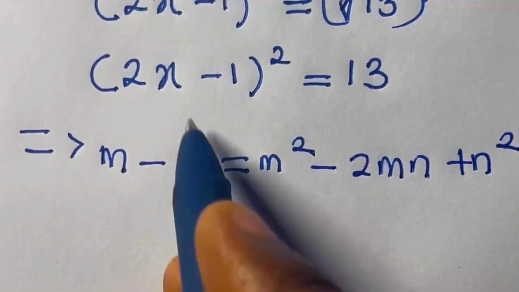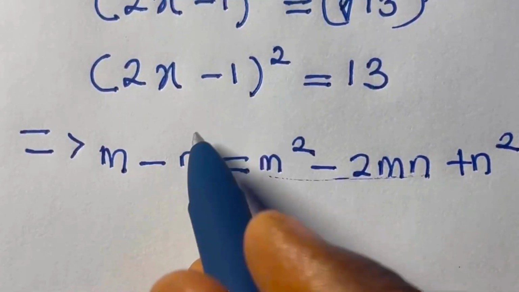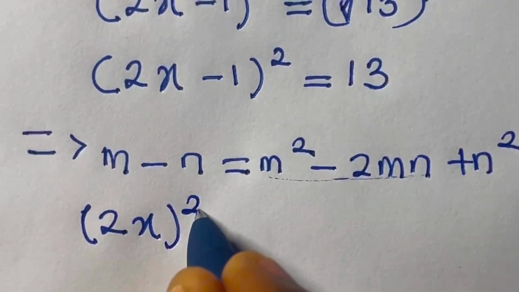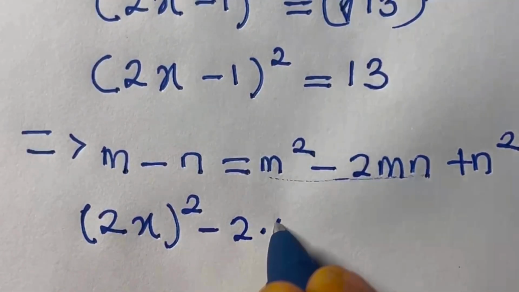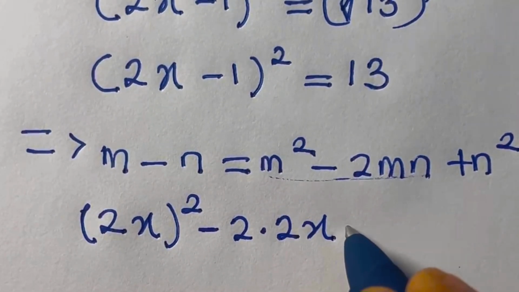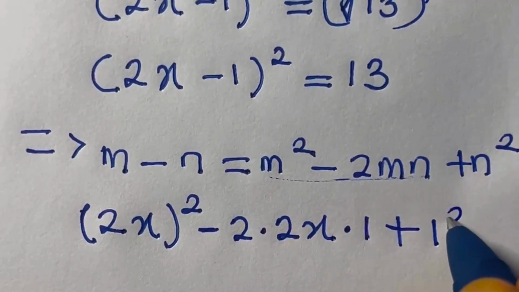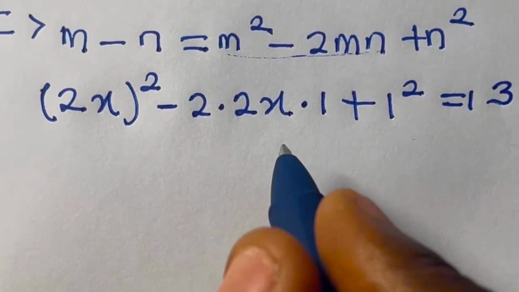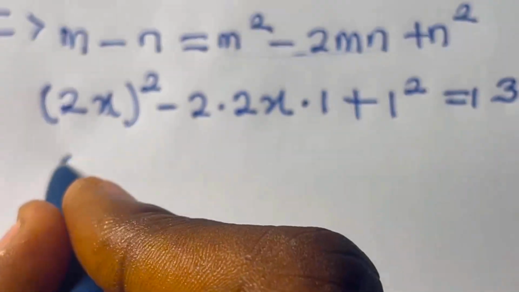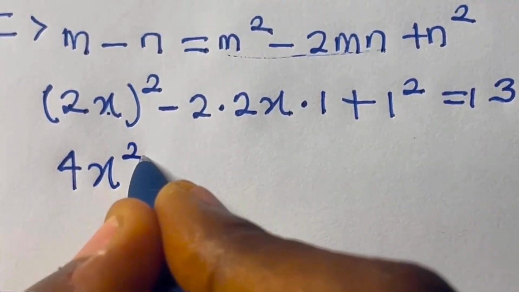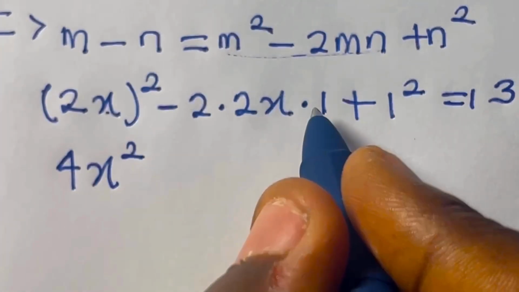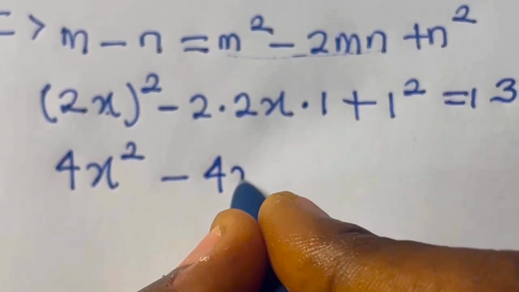So applying this here, we have (2x) squared minus 2 times 2x times 1 plus 1 squared equals 13. So let's simplify this. We have 2 squared x squared, so that is 4x squared, minus 2 times 2x, that is 4x, minus 4x times 1, that is minus 4x.